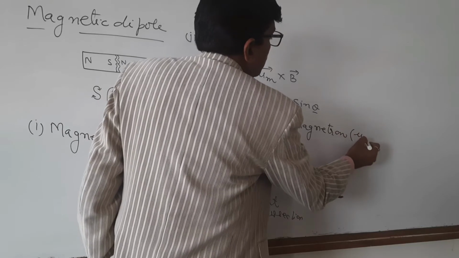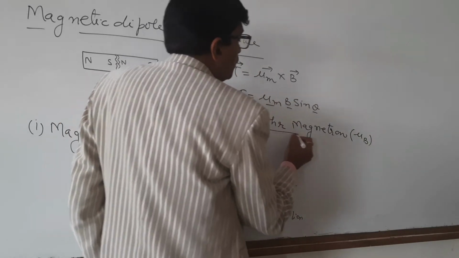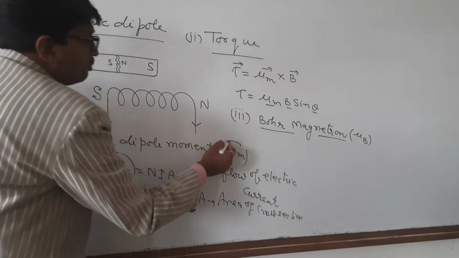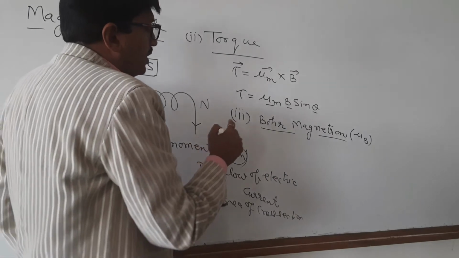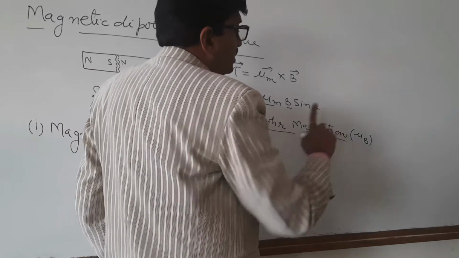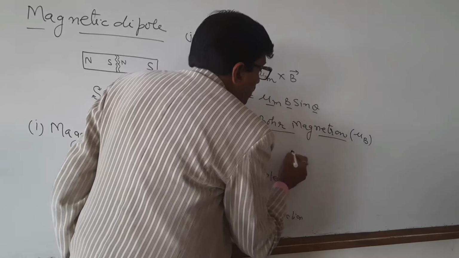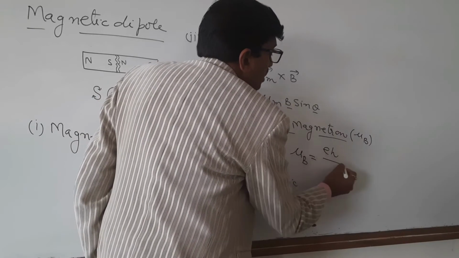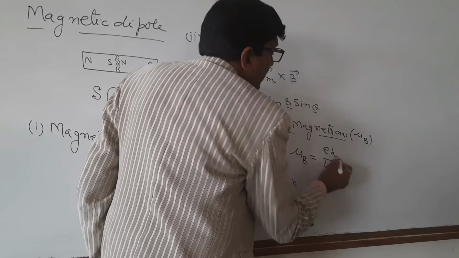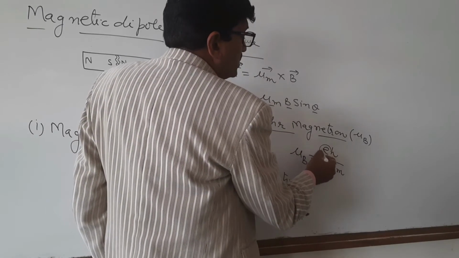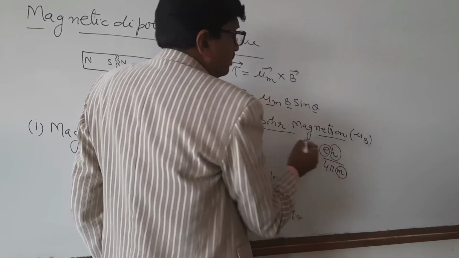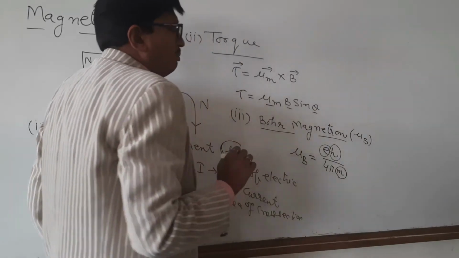It is represented by mu B. Bohr magneton is the smallest unit of magnetic dipole moment, represented by mu B, and it is equal to eh upon 4 pi m. e means electronic charge, h is the Planck constant, and m is the mass of the electron. This is the Bohr magneton.